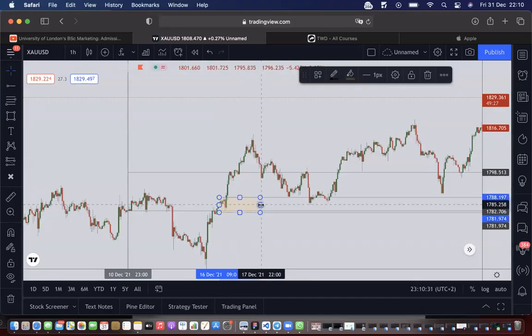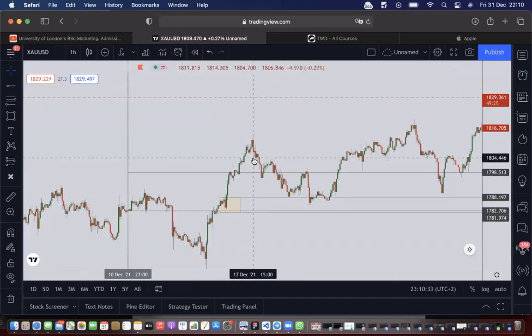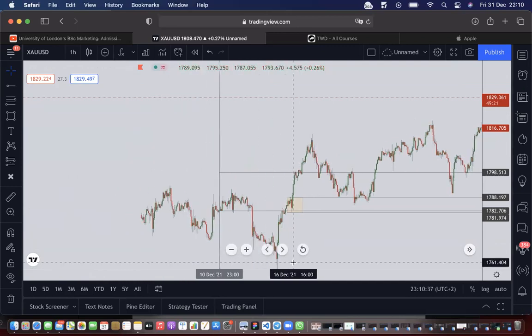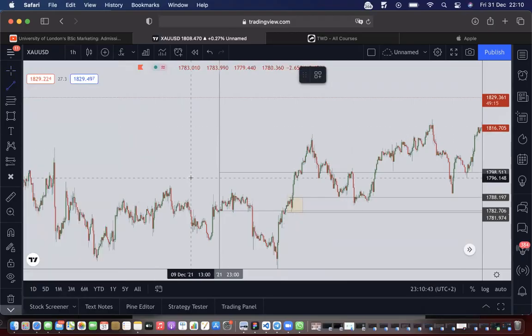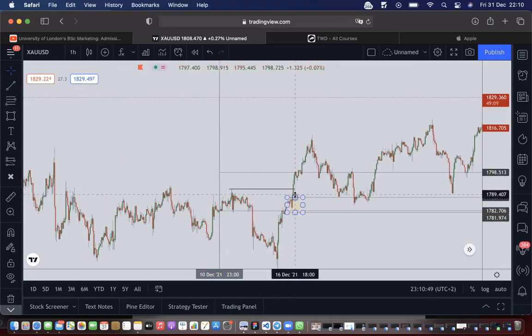Yeah. So that is exactly what happened here. Aside from that, we had a zone. This zone was also the one that sponsored the break here, right? Yes. It's also the zone that sponsored the break here. This is the zone that sponsored this liquidity.